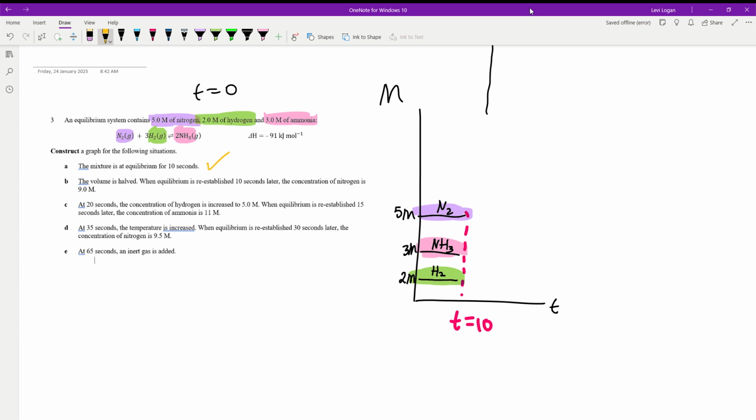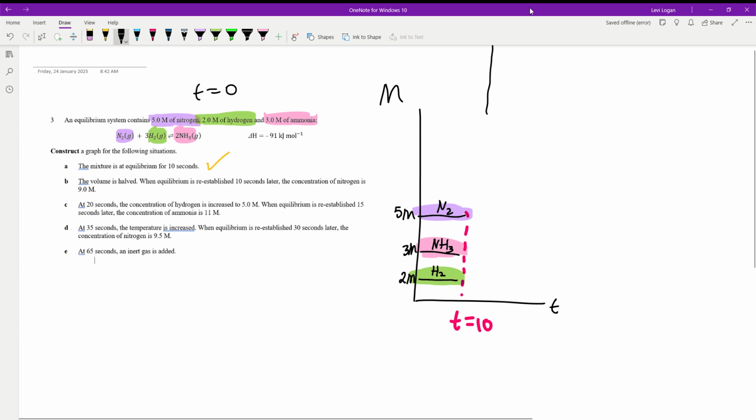The volume is halved. When the equilibrium system is re-established 10 seconds later, the concentration of the nitrogen is 9 molar. So with this system, we're going to halve the volume. If it was in terms of Le Chatelier's principle, it would shift to the side with the least number of particles. But remember, this is molarity.